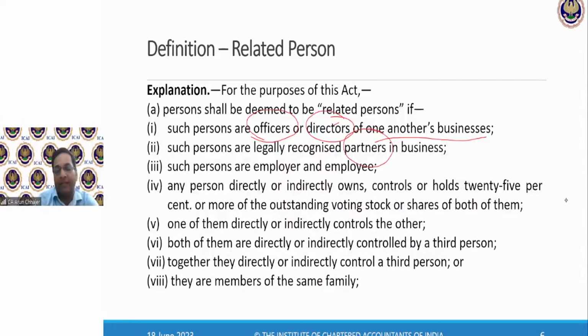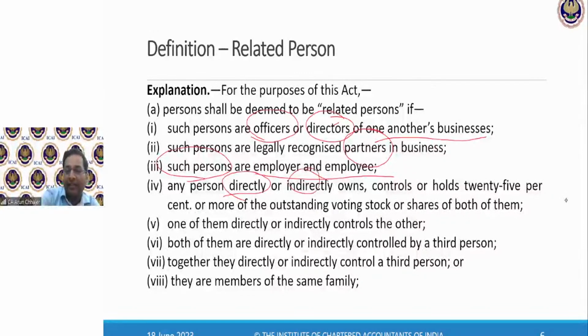Legally recognized partners in the business: the business firm and its partner are related persons. Such persons are employer and employee. Very, very important: employer and employee are also related persons.